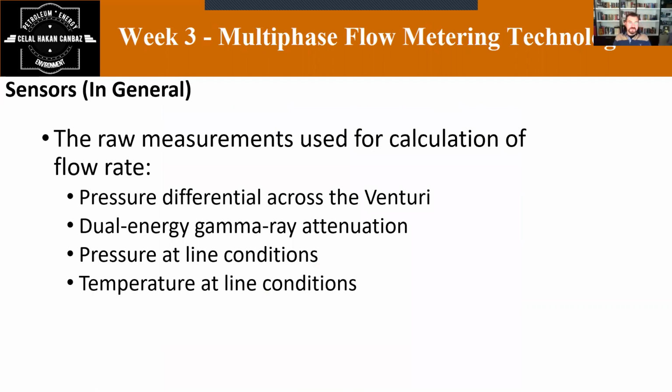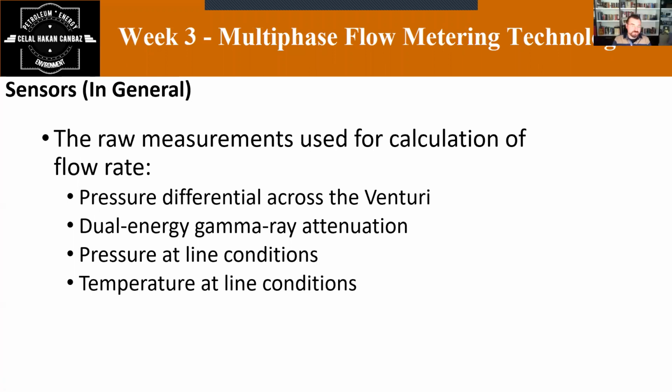So now we have mentioned how it makes the mass attenuation measurements. But how will we use this? These raw measurements are used for the calculation of flow rates. Let's start with this one.